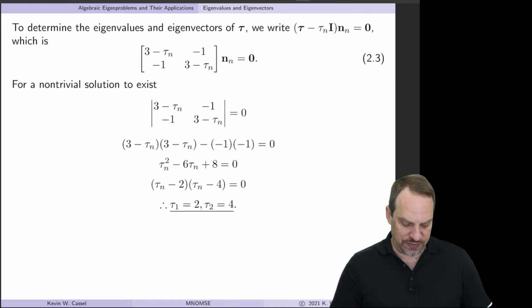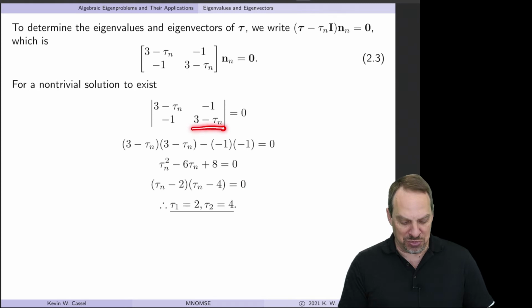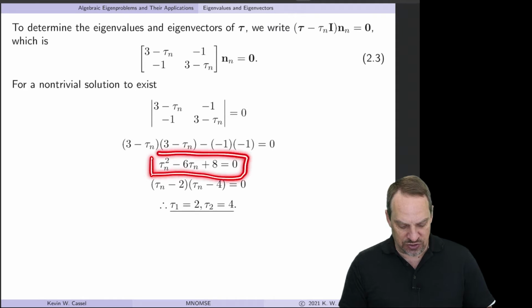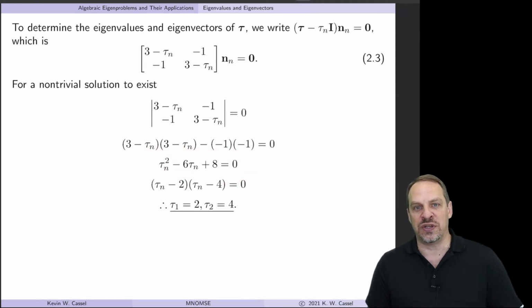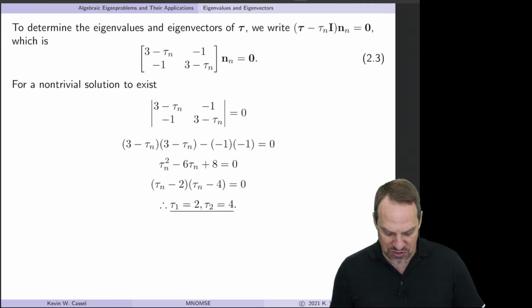This is just 2x2, so we can do cross multiplication. So we have 3 minus tau times 3 minus tau, minus -1 times -1. We simplify it down to our second order polynomial.